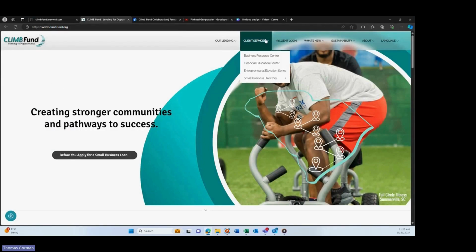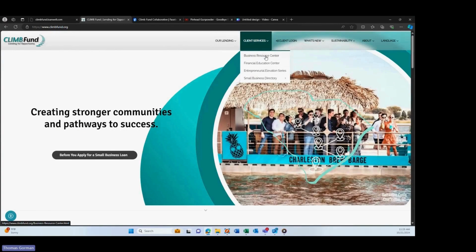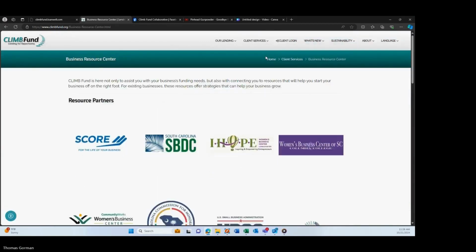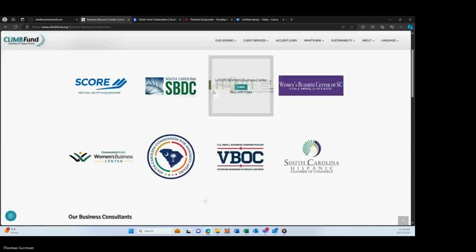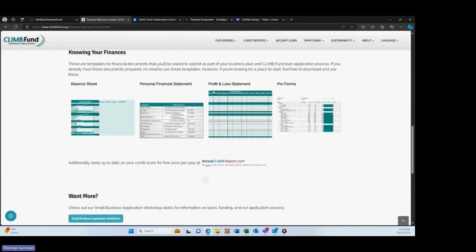So you go up to Client Services and our Business Resource Center. Scroll down about half the page, and right here we have the balance sheet template and the profit and loss template. These are the exact same two templates we just worked with. I've just got them broken up into separate workbooks. So this is everything that you need to get these statements completed.